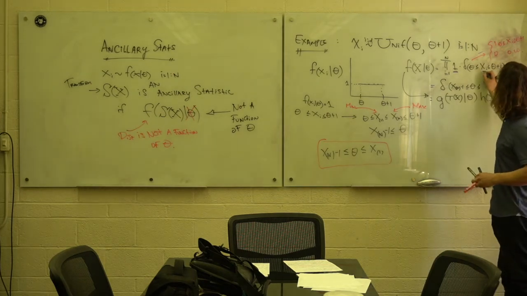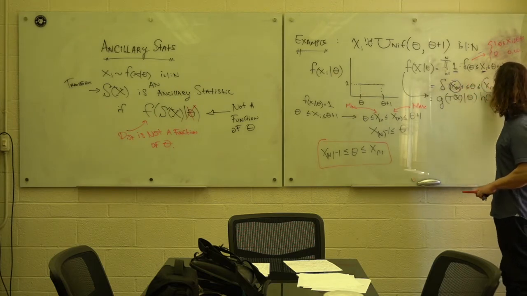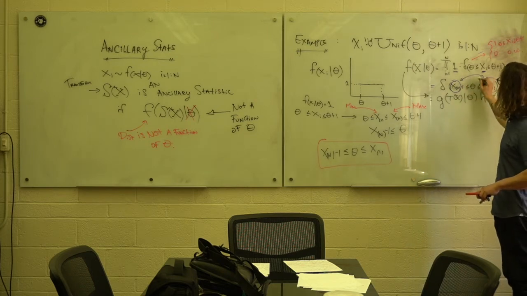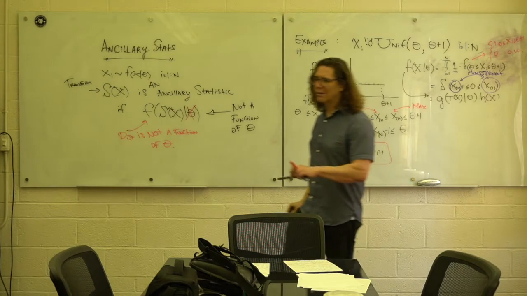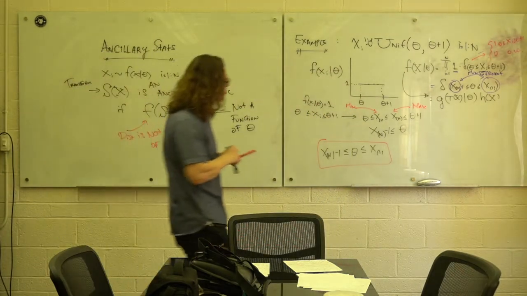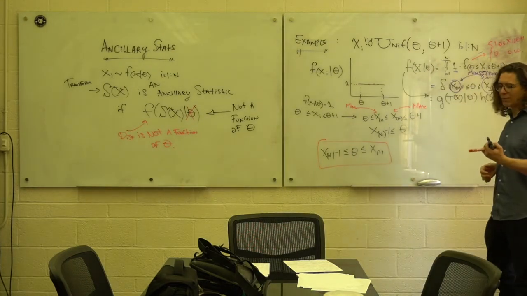Well, it could be all of these data points in here, but I could compress everything and just use those. So these are min sufficient. So now I need to hold on to the max and the min. So I need both of those. I can throw everything else away. And it tells me everything I need to know about theta.